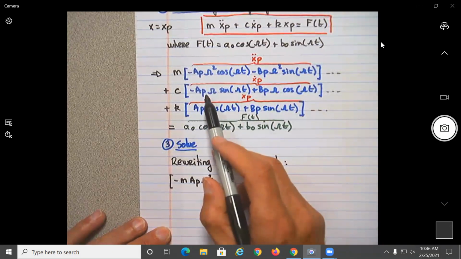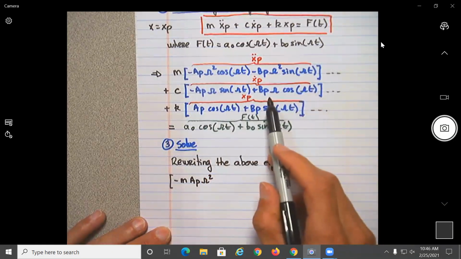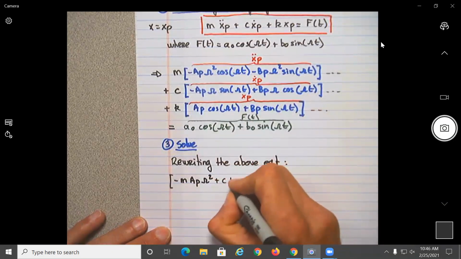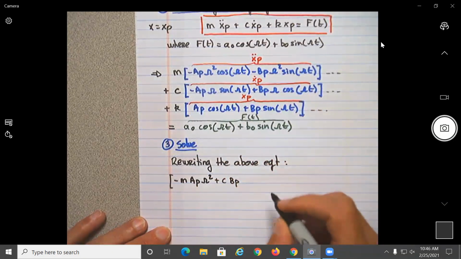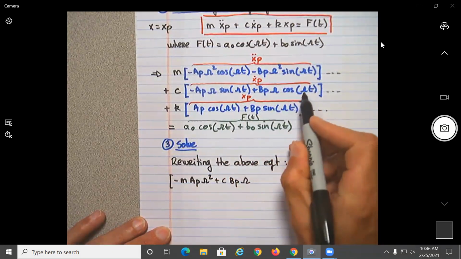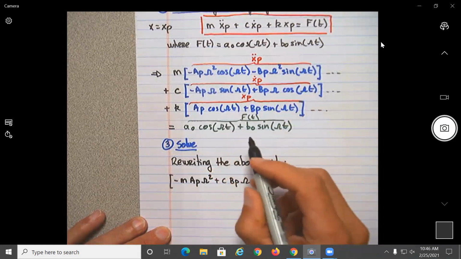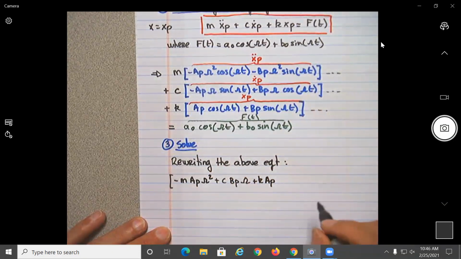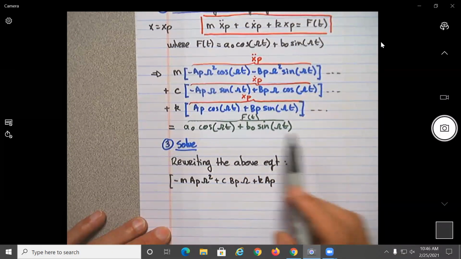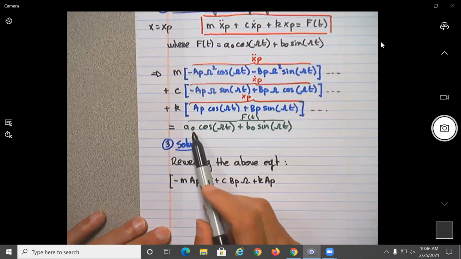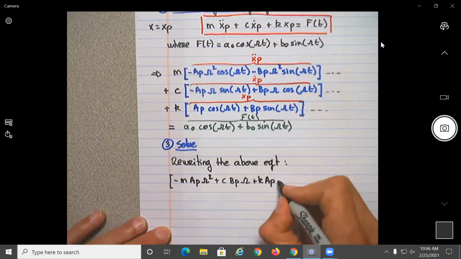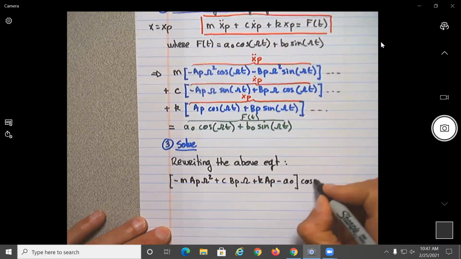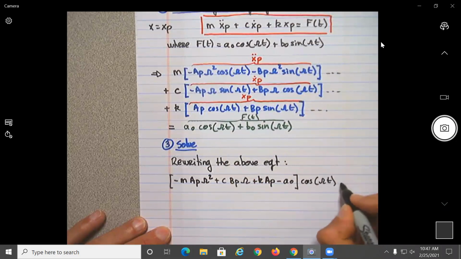Then we'll have plus c b sub p omega, and the last one will be plus k a sub p. And now we need this one on this side, but remember this one is on the right hand side. So we can put it here, minus a sub naught cosine omega t.